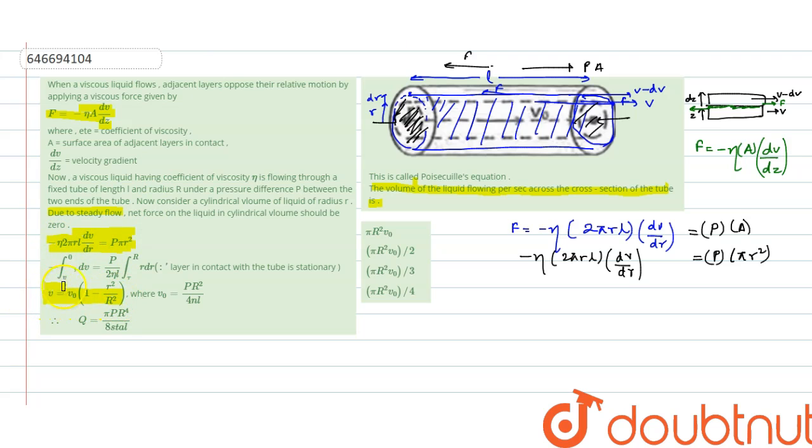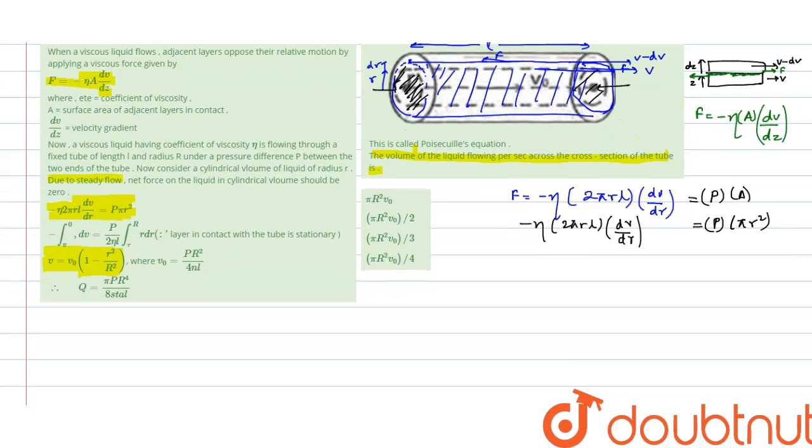That is, at every small r, that is the radial distance from the center, velocity is different. Therefore, to find out volume flow rate, we will have to consider at a general distance r, a thickness of dr. This is our cylinder, let's say.